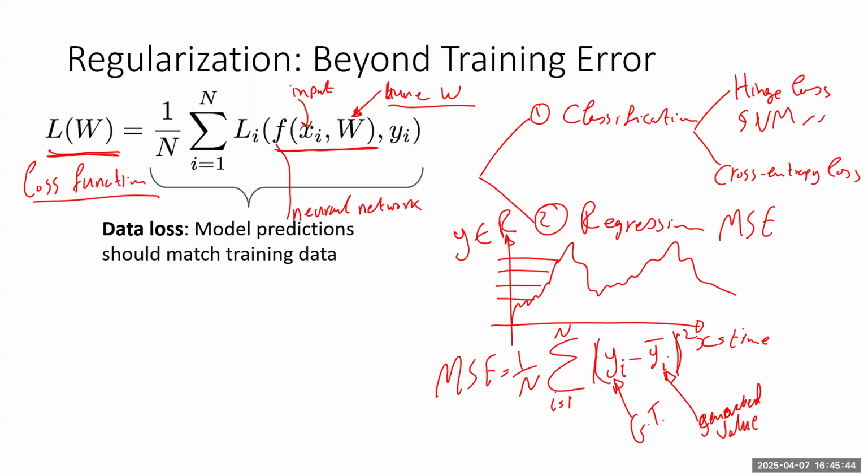Why? Because in this case, I'm trying to consider the error between the required output and the generated value without taking into consideration the structure of W itself. Should it be bigger values or should it be small values?